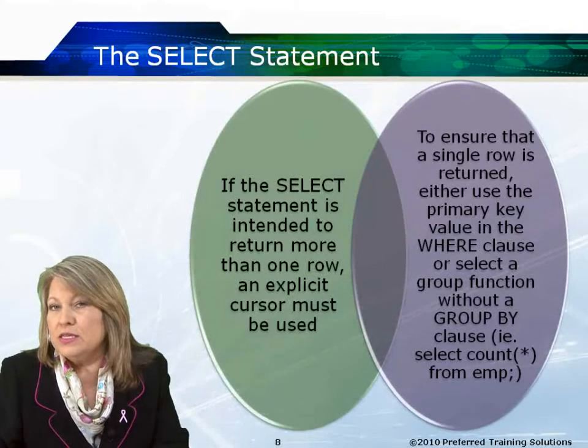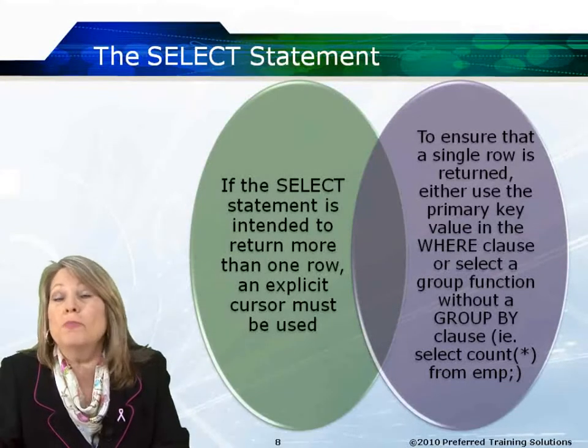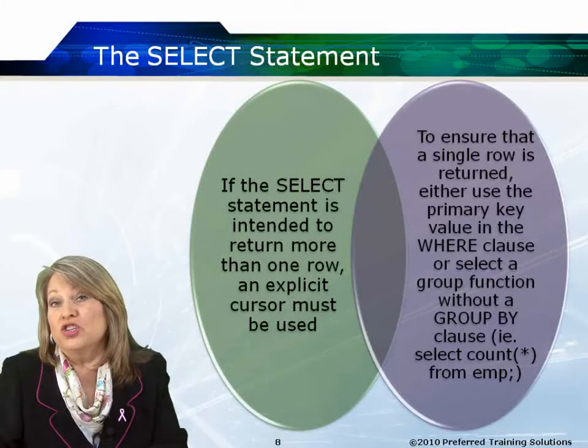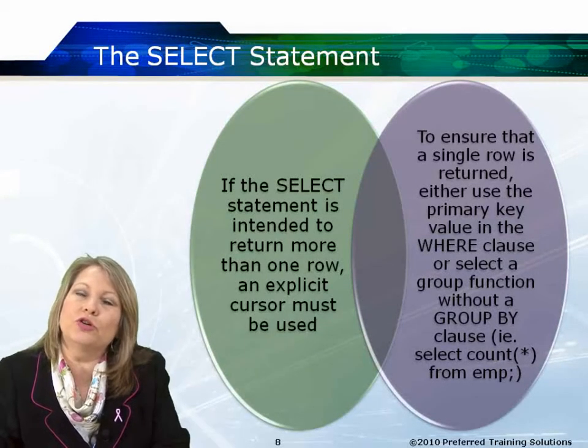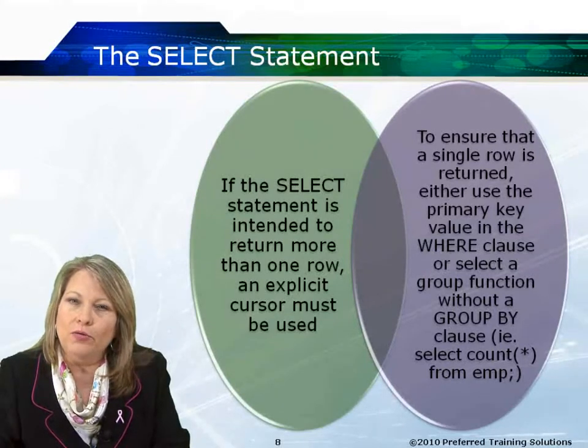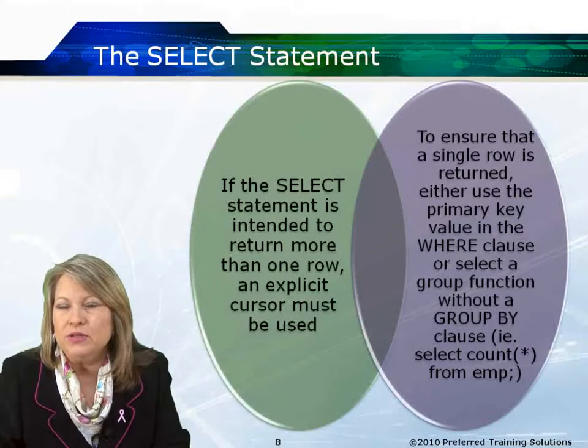So what that means is you could use the primary key in the where clause. You might also select a group function without a group by clause, such as select count star from emp. As long as you're sure that you're returning only a single row, you can have these standalone select statements directly in your PL/SQL blocks.